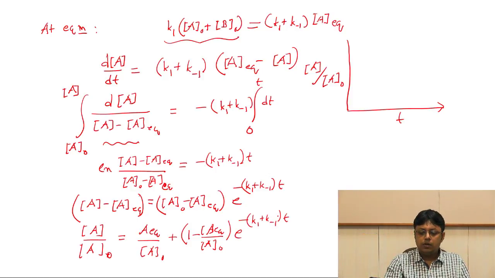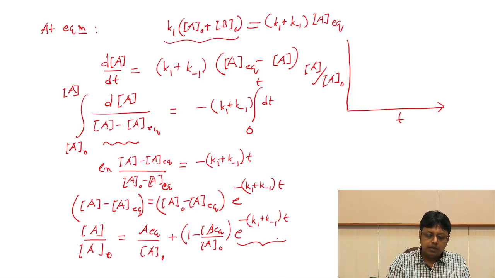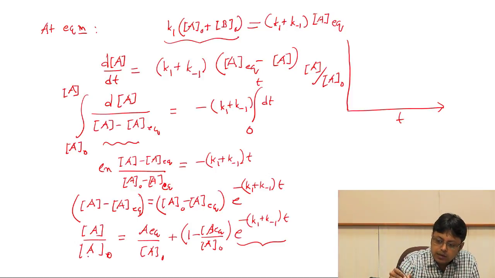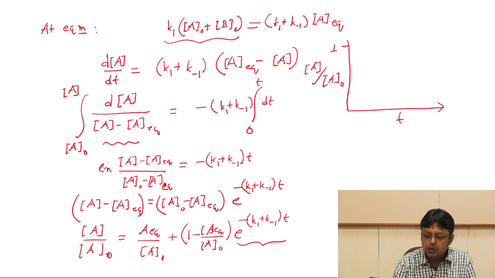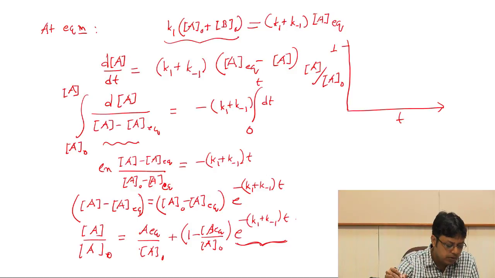Now when time is equal to 0, this term is equal to 1, and then we also see that A is equal to A0 itself. So A by A0 will be nothing but equal to 1, and with respect to time it will just fall. Now when time is equal to infinity, you can easily see that this term will be 0, in the exponential term, for a very long time, and so A by A0 will be A equilibrium by A0.